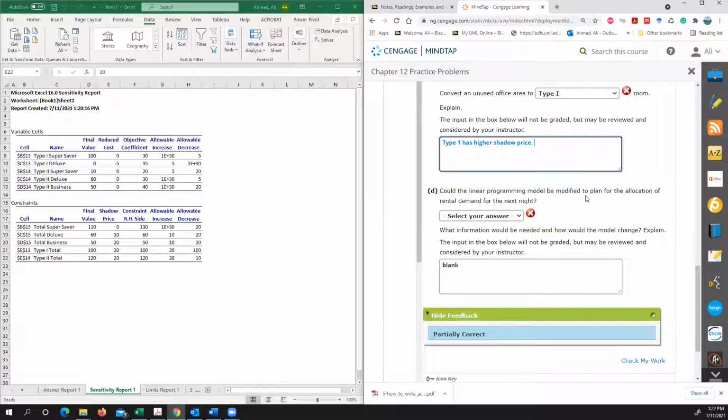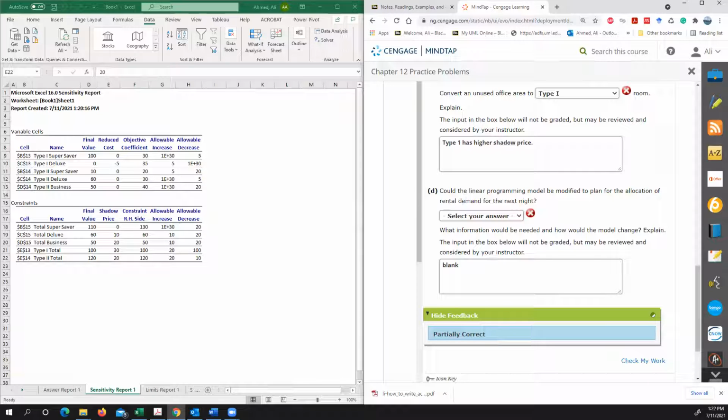Could the linear programming model be modified to plan for allocation of rental demand for the next night? So can we use the same model for the next night? For example, the demand and everything is for today's night. Can we apply the same thing on the next night?